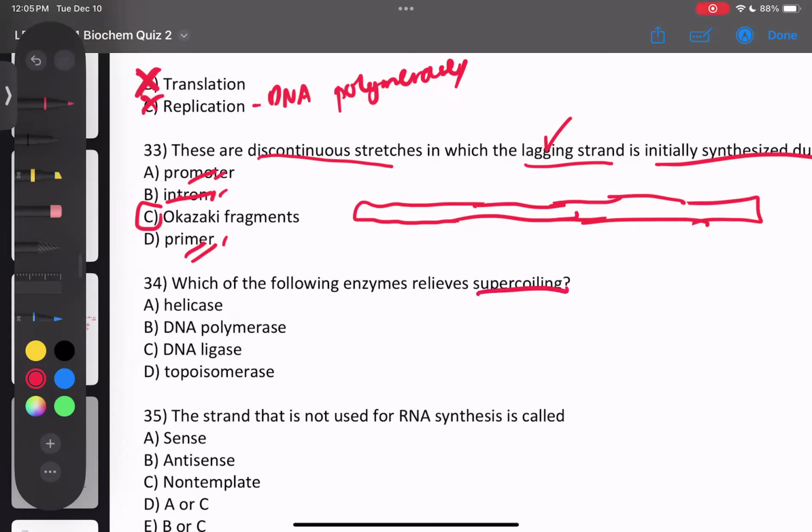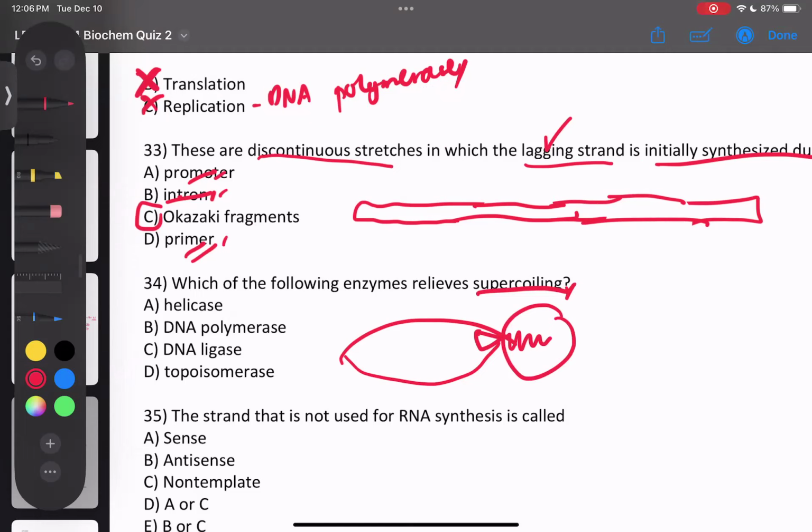Like for example, the problem sometimes when we make DNA is that there's this supercoiling that once you create your replication bubble, the part right here where helicase is has a very high amount of pressure or tension, which could break the DNA. That's called supercoiling.